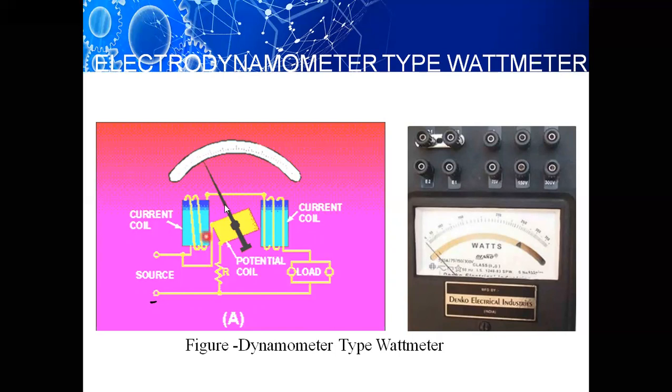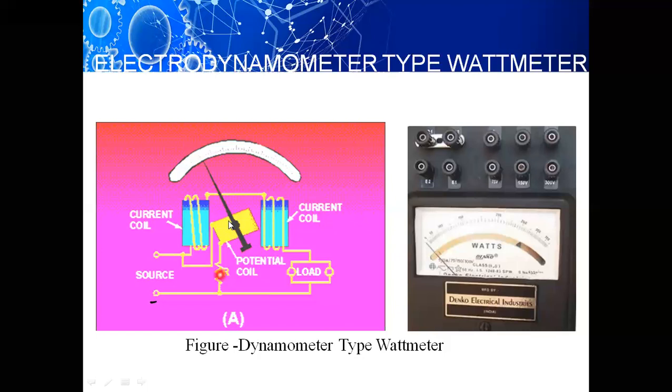The current coil is connected in series with the load, and the potential coil is connected in parallel to the load. Why do I say in parallel to the load? It should be across the combination of current coil and load, because the current coil offers very less resistance. As it is made up of thick wire, the resistance of the current coil can be negligible. Hence there is very less voltage drop across the current coil.